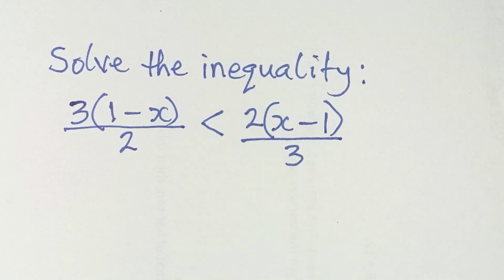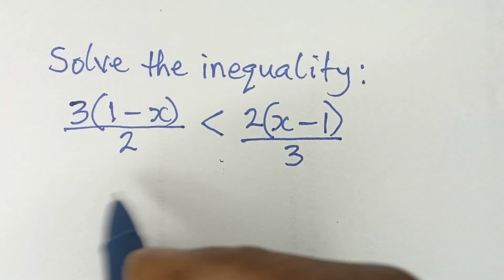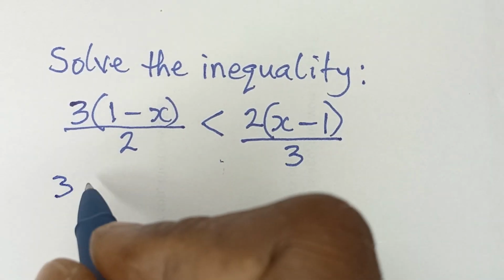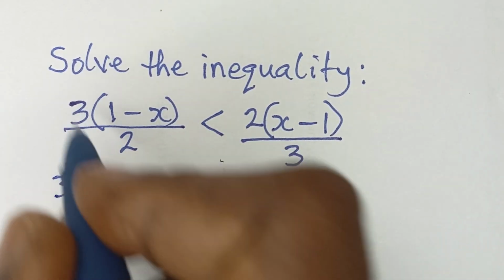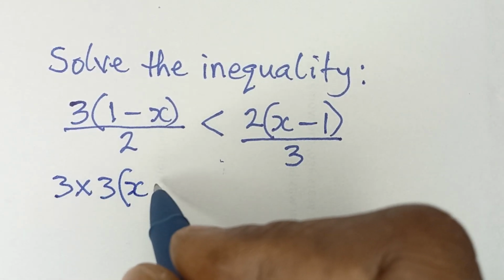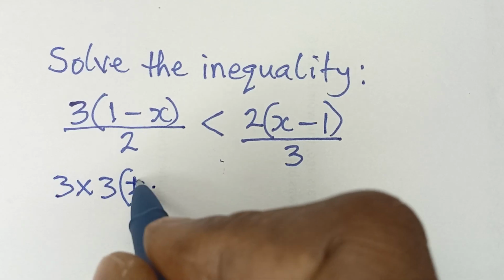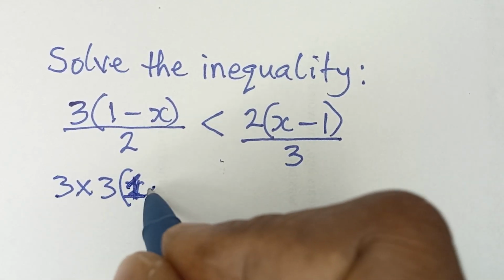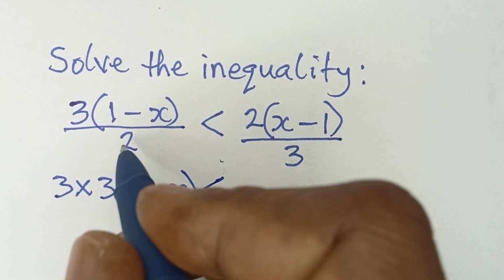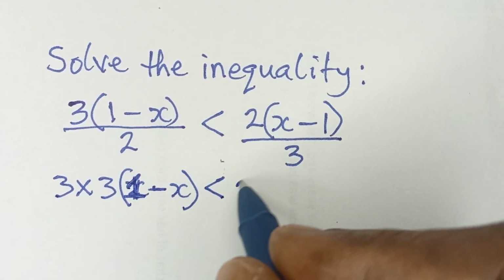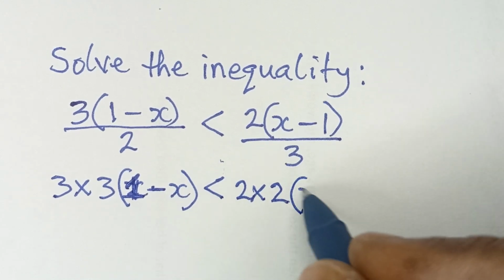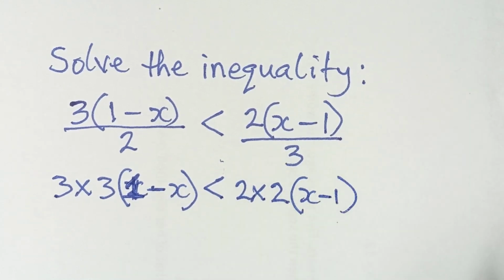Is that okay? Now, if we cross multiply, this 3 multiplies this, giving us 3 multiplied by the 3 that is already here, then bracket open 1 minus x, and then it's less than, this 2 multiplies this, giving us 2 multiplied by 2 bracket open x minus 1.